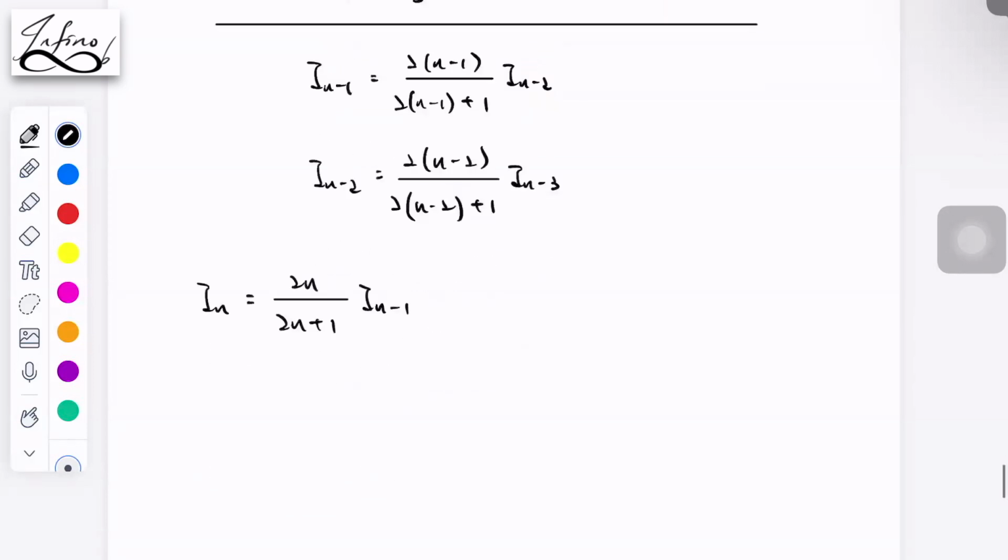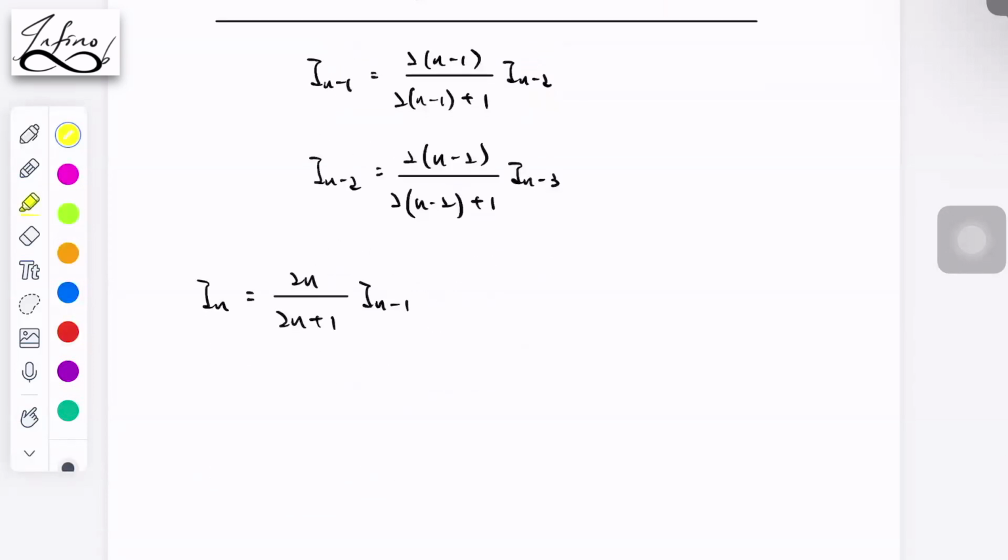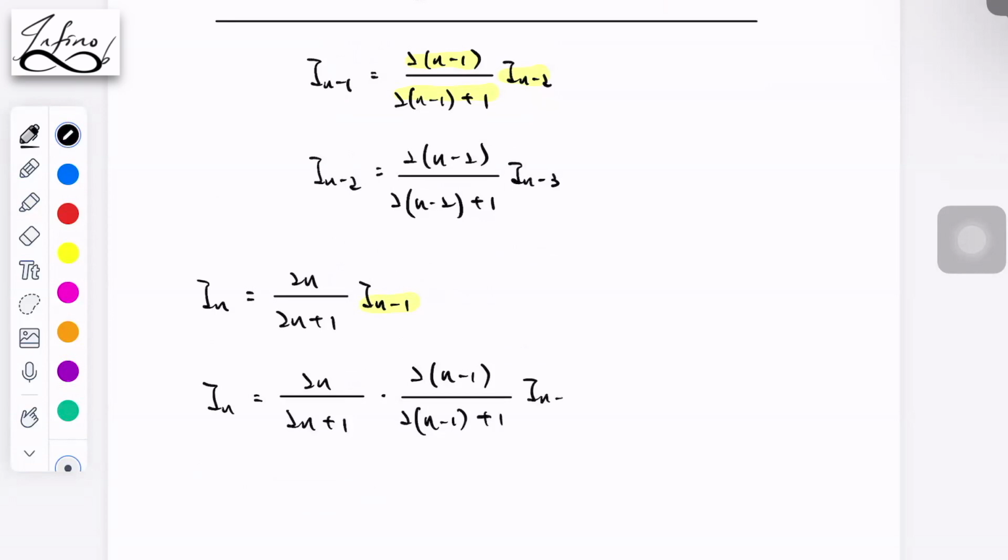Then you can substitute the yellow part into your I n minus 1. That would be I n equals 2n over 2n plus 1, substituting 2 bracket n minus 1 over 2 bracket n minus 1 plus 1 times I n minus 2.